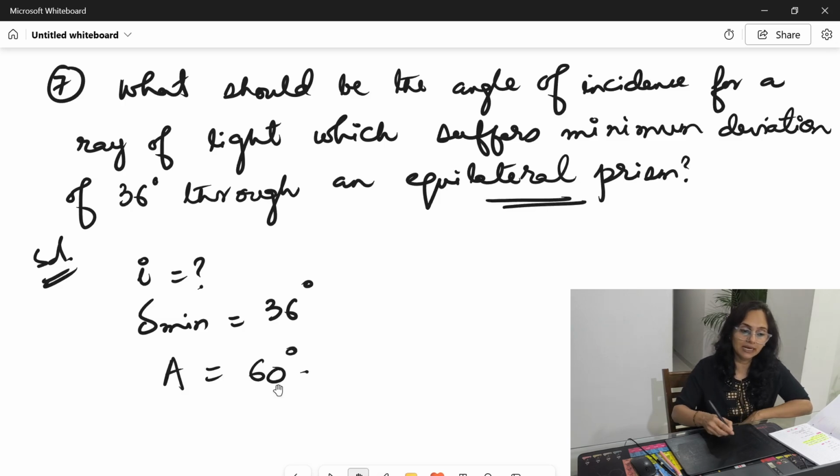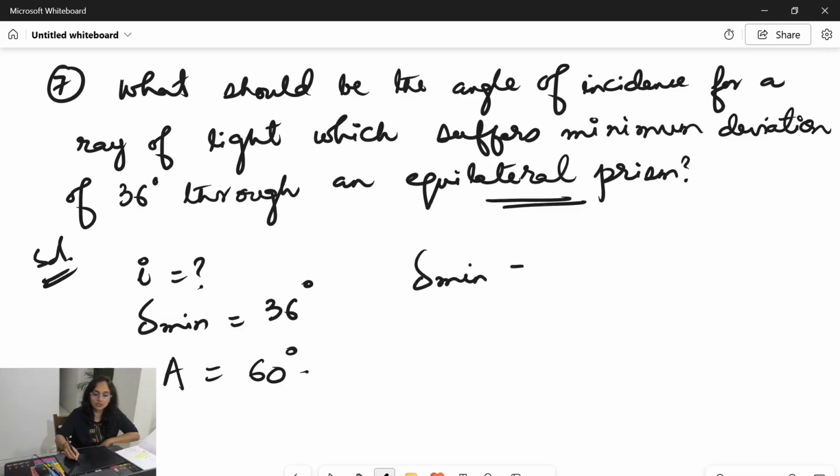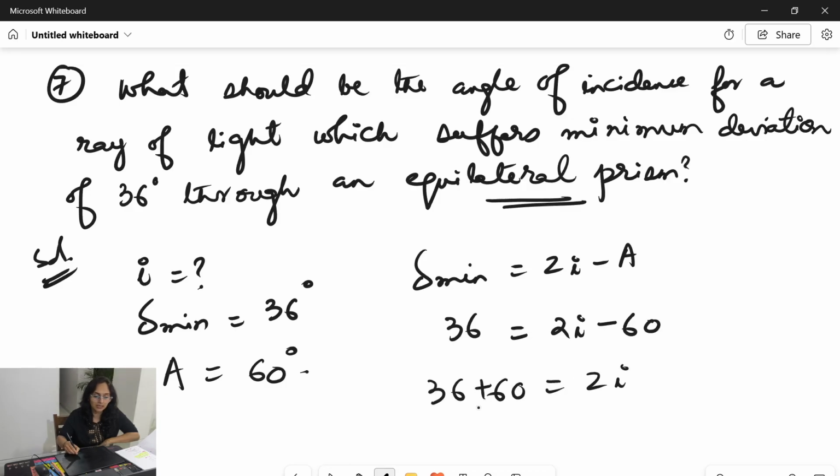Now we have to calculate i, so we will use the same formula, delta min equals 2i minus A, and delta min is given, 36 is equal to 2i minus 60. Just solve it. 36 plus 60 is 2i, 96 is 2i, therefore i is 96 upon 2, which is equal to 48°.